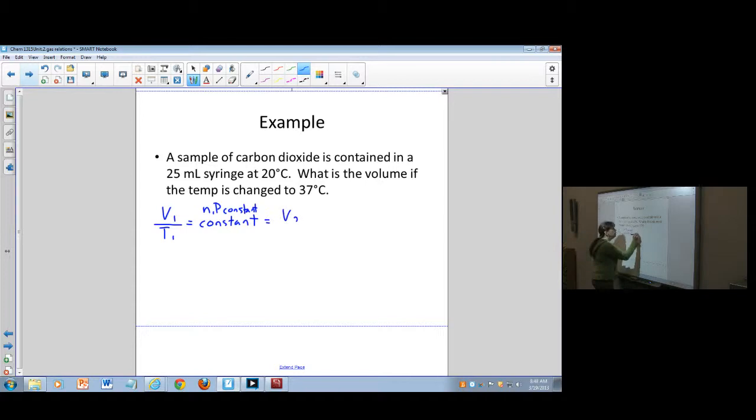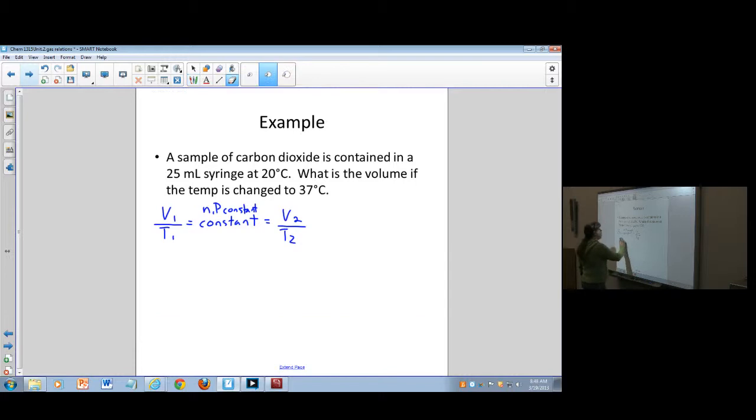Therefore, V2 over T2 is also going to be equal to that constant. So when we're comparing how things change, we can set up this equation: V1 over T1 is equal to V2 over T2.